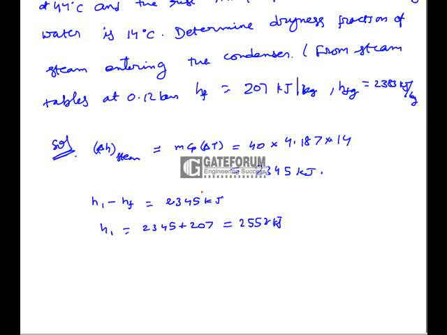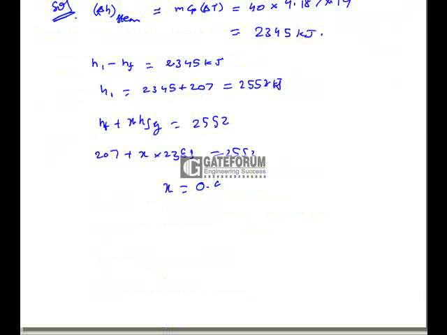Now we have to find the dryness fraction of the steam entering the condenser. That is hf plus x hfg equal to 2552. Here hf is 207 plus x times hfg, 2383, equal to 2552, and from this equation we get the dryness fraction of the steam as 0.98.